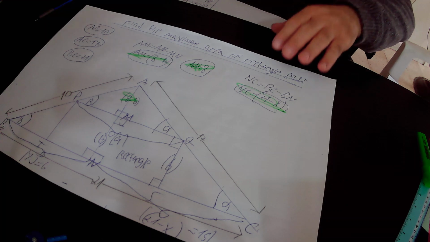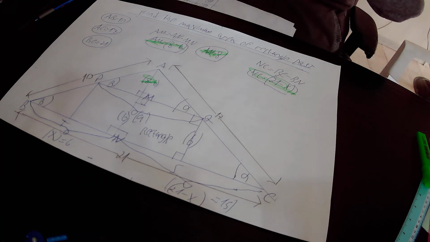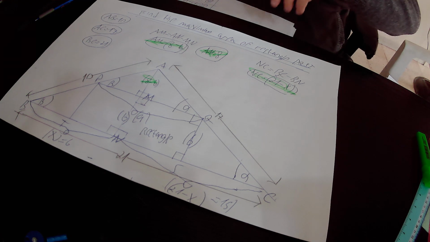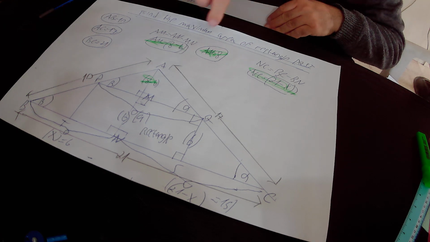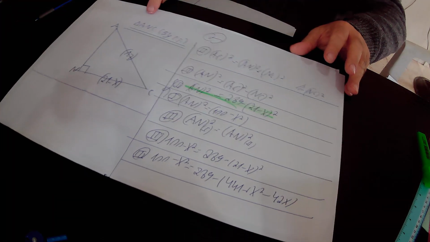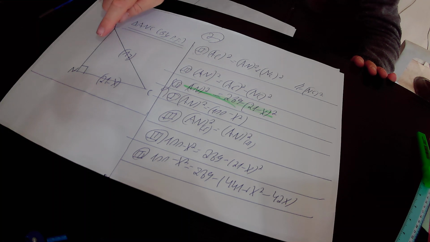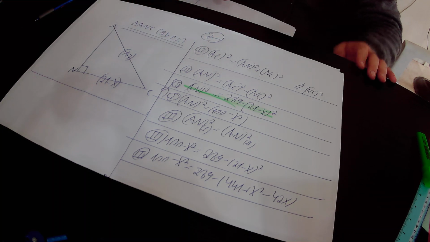In the next step, I copied this right triangle ANC in a new page and implemented the Pythagoras theorem in this right triangle ANC, which is the right triangle according to the original drawing. According to the Pythagoras theorem, AC squared equals AN squared plus NC squared.